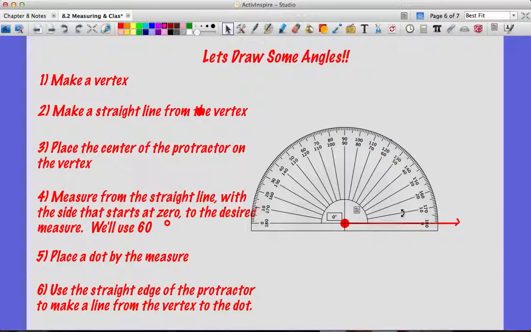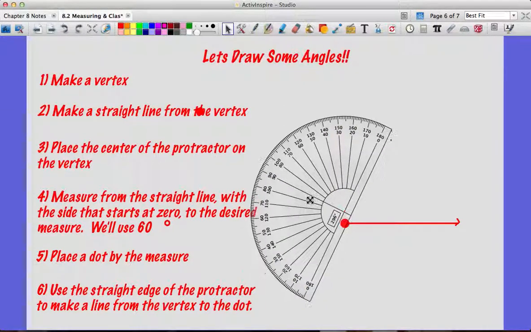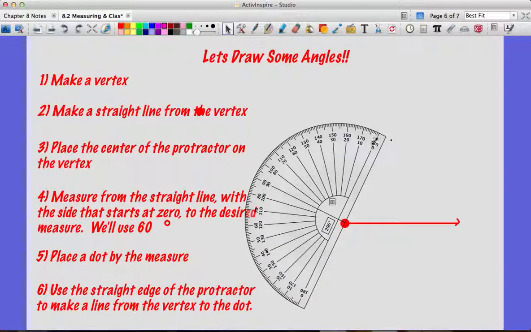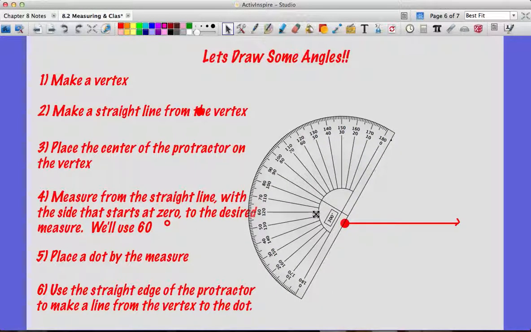Now you're going to turn your protractor and line up the center of that vertex with that dot that you made at 60 degrees. The reason we do this is so we can use the straight edge of our protractor to make a straight line starting at our vertex and going out towards that 60-degree mark.